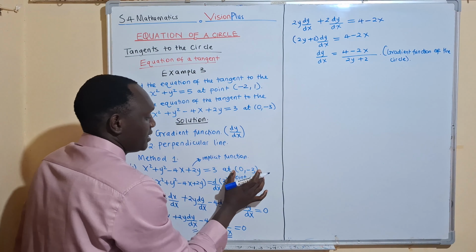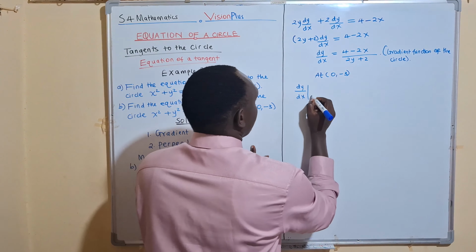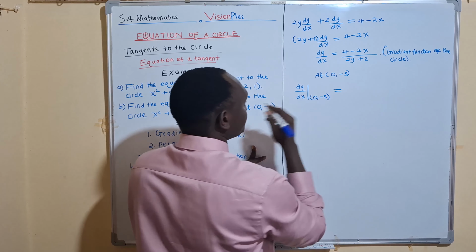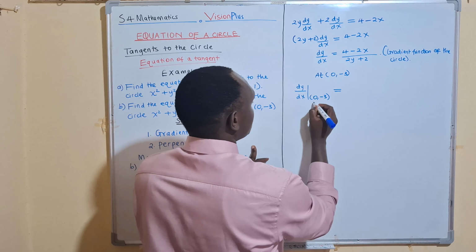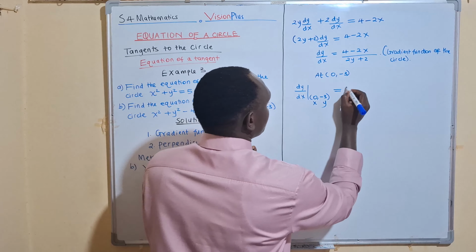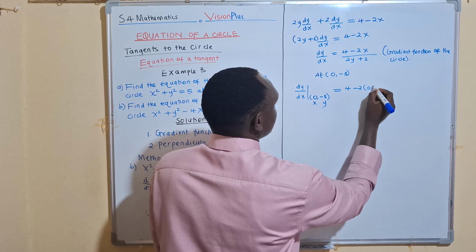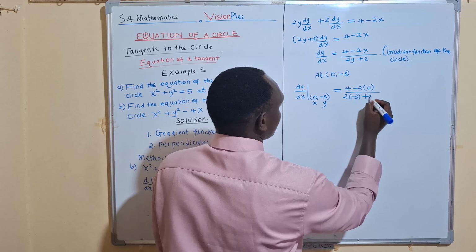Therefore, the gradient of the circle at point (0, -3) will be, substitute, this is x, this is y. We shall have 4 minus 2 times x, which is 0, over 2 times y, which is negative 3, plus 2.